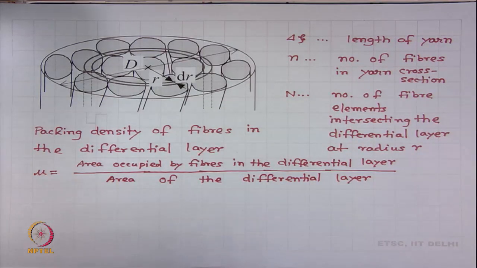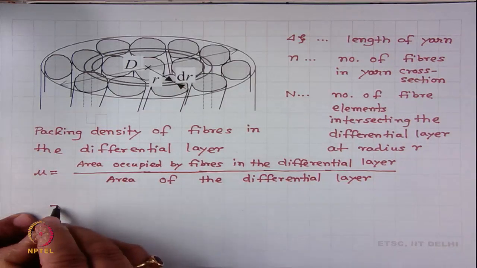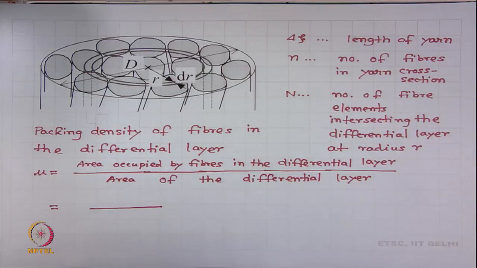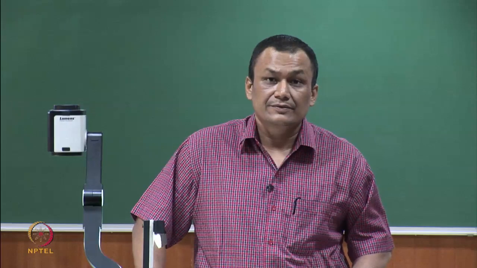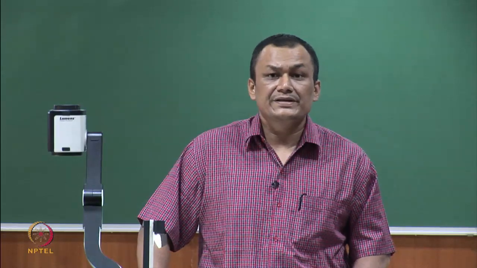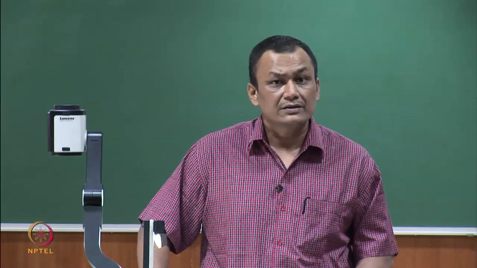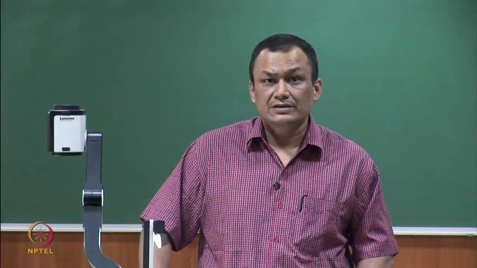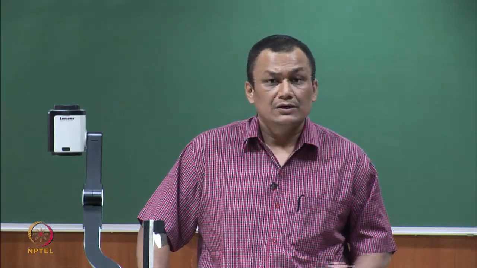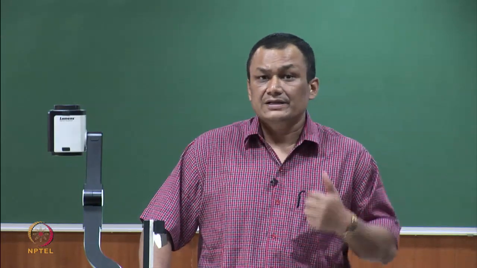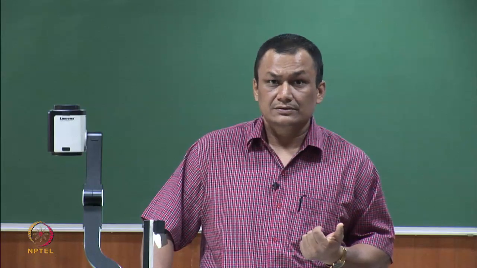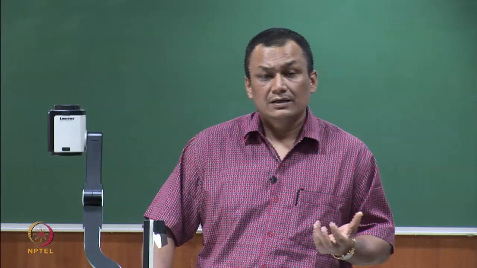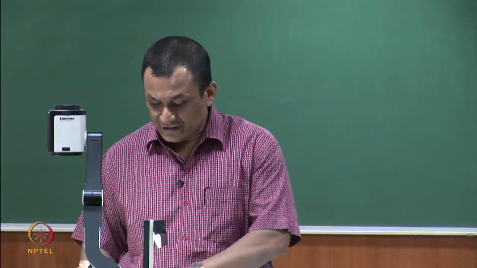Let us find out first the numerator. Area occupied by fibers in the differential layer. How many fiber elements are present here? Capital N. What is the length of each segment? dl. What is the cross sectional area of fiber? Small s. So, what is the total area occupied by the fibers in the differential layer?